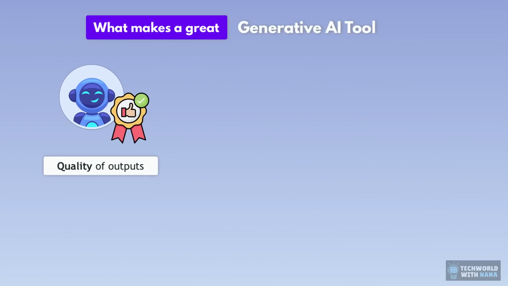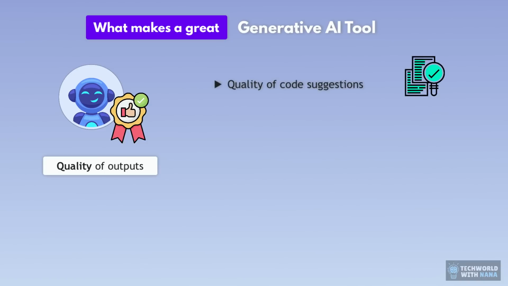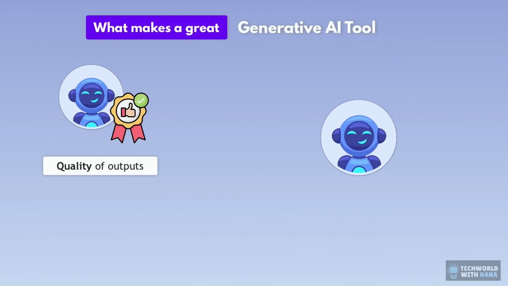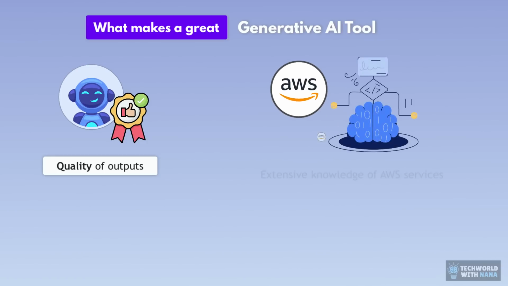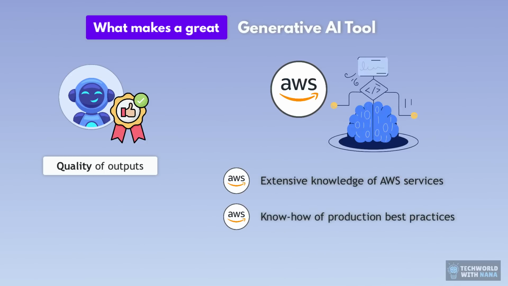In our engineering use case, it's the quality of code suggestions or improvements, troubleshooting, and explanation of code that the tool generates. So if I'm using a code assistant for working on AWS cloud platform, then the tool needs to have extensive knowledge and understanding of AWS services, the best practices of configuration, the production best practices, architecture elements of cloud infrastructure, and so on.